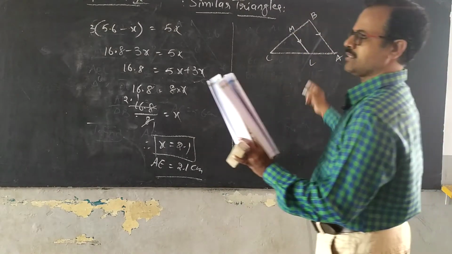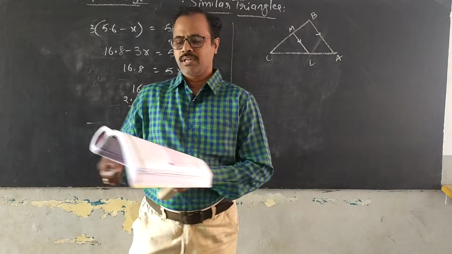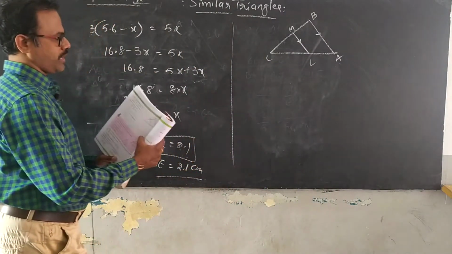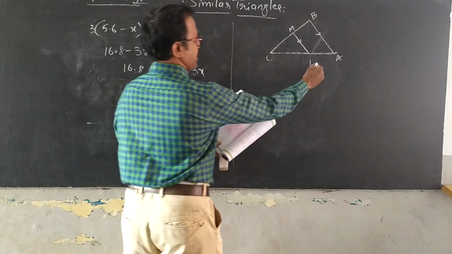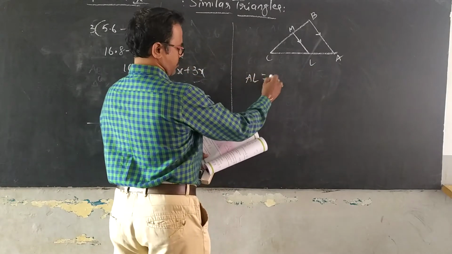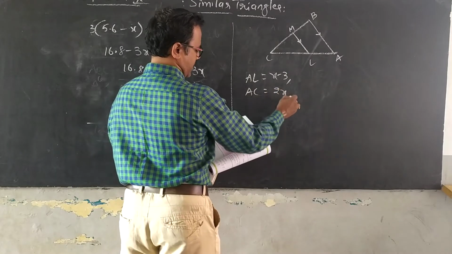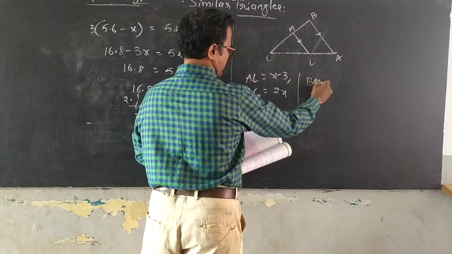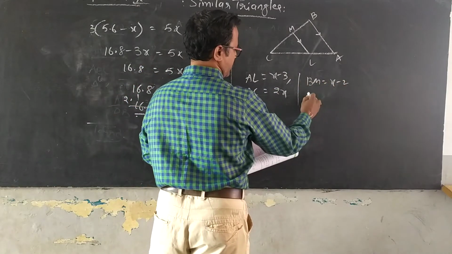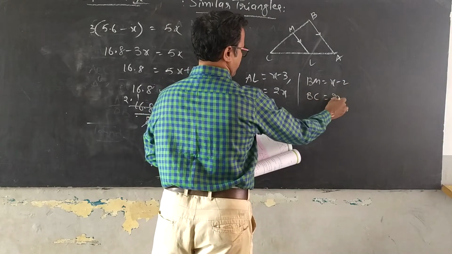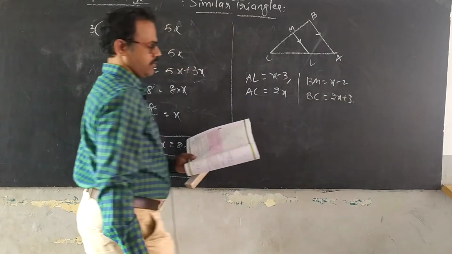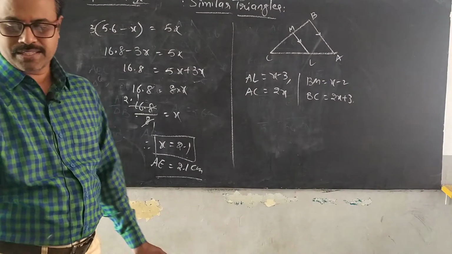It is given that AL is equal to x minus 3, AC is equal to 2x, BM is equal to x minus 2, and BC is equal to 2x plus 3. We need to find the value of x.